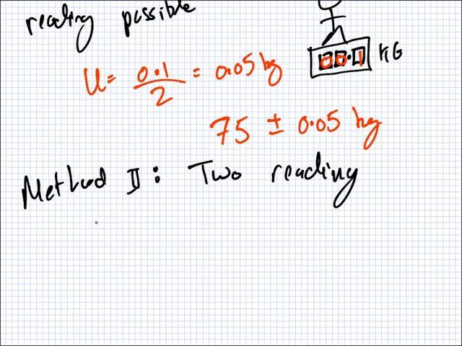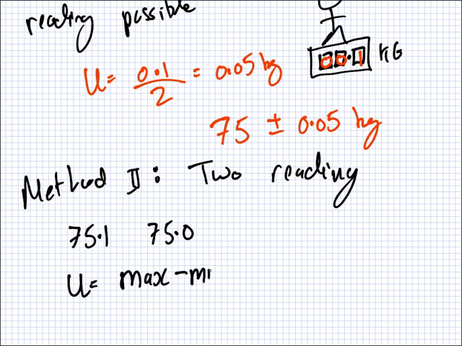So, for example, here, maybe we measure Summer and he's 75.1, and then a few minutes later we measure and it says 75.0. Okay. What you do here, you say the uncertainty is the maximum reading minus the minimum reading over 2. Now what's the maximum here? 75.1. No. It's 75.149999999.